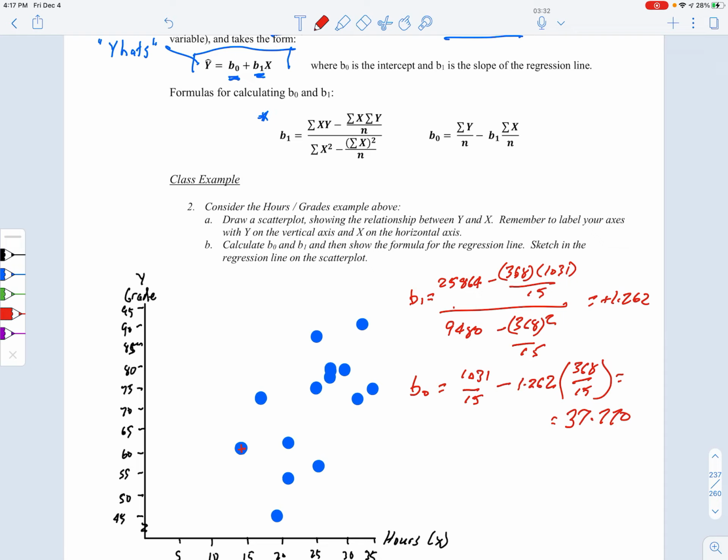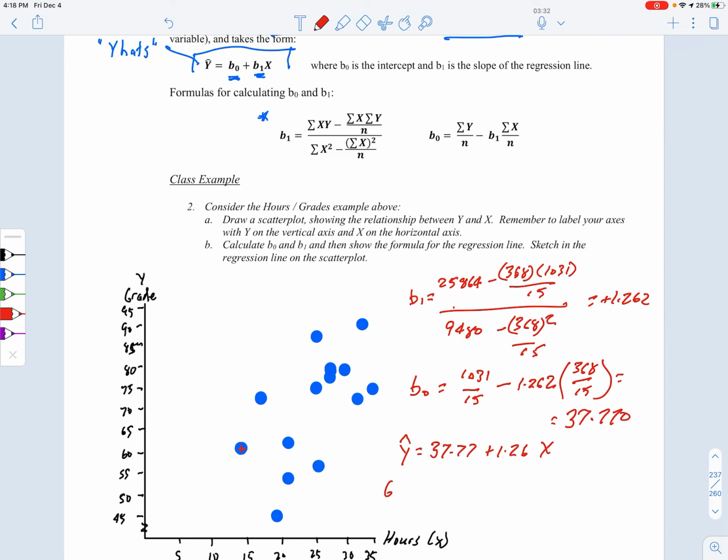37.770. So here's the equation for the regression line, is y hat is equal to, and I'll just take these now to 2 decimal places, 37.77 plus 1.26 times x. Or what some people do is they write it in terms of the actual variables.